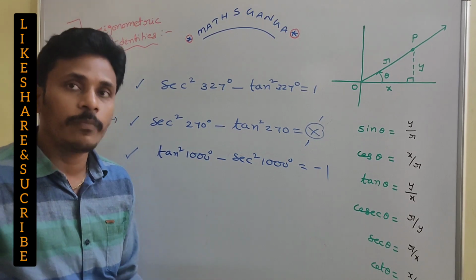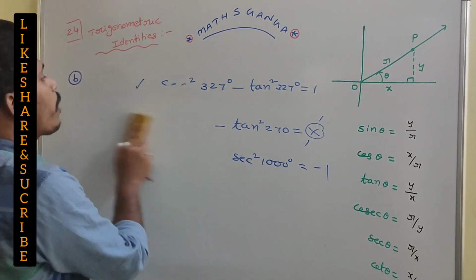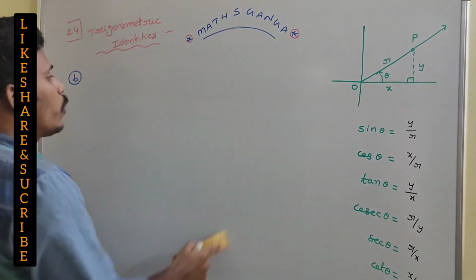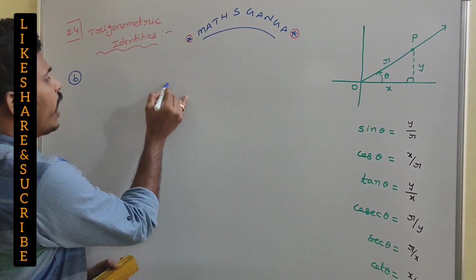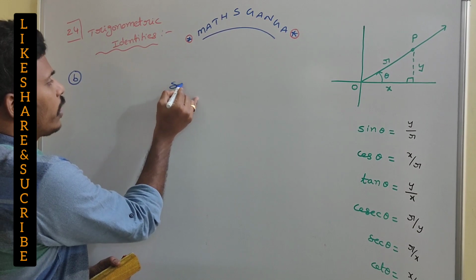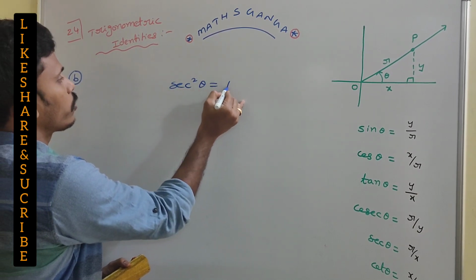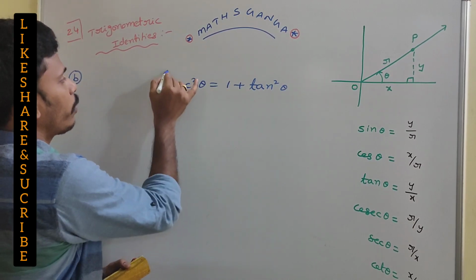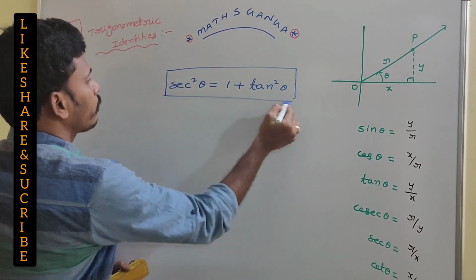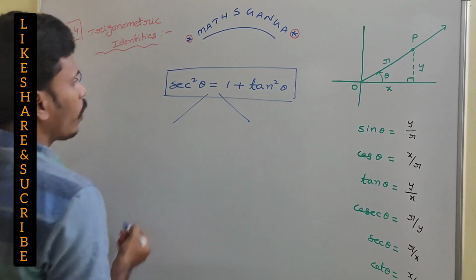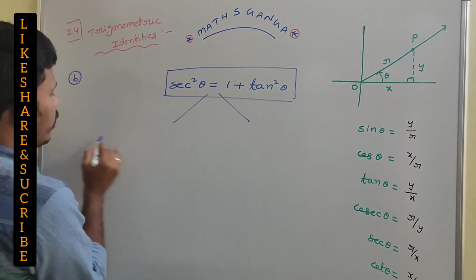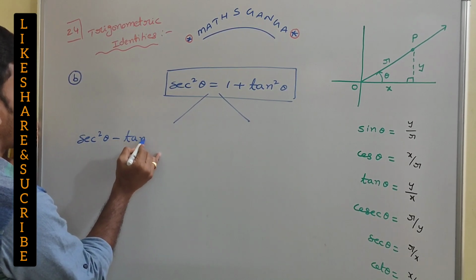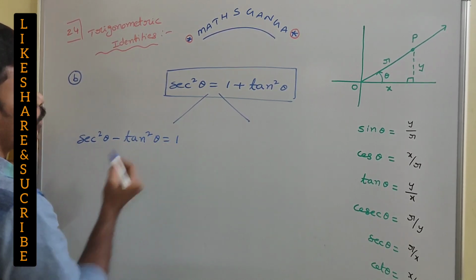Now once again, let us look at secant square theta minus tan square theta equals 1 in a different manner. If you are ready to rearrange it, secant square theta equals 1 plus tan square theta is the generated statement. In one case, I will make 1 the subject: secant square theta minus tan square theta equals 1.